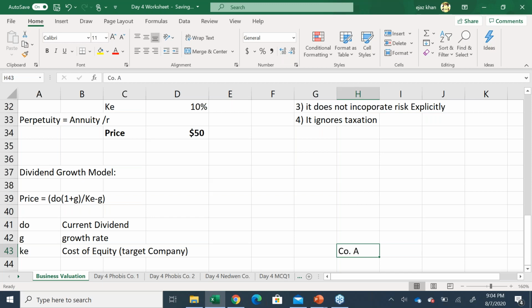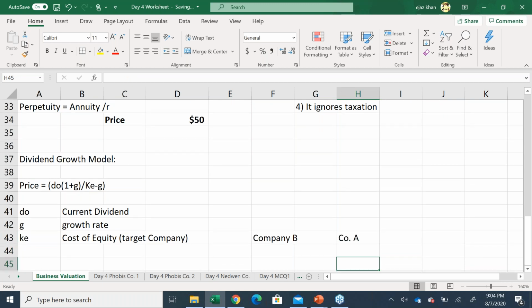Most of the students get confused here. For example, our company is company B, and company B is acquiring company A, and we need to find out the value of company A. But in the question we have been given the cost of equity of company B as well as the cost of equity of company A. So both costs of equity have been given.